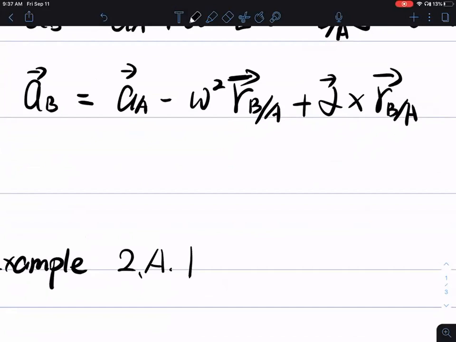In this example, do we know any point where acceleration is given? Since we need to know two accelerations at two different points. In the problem, at which point do we know 3i plus 4j? Point P. So we know one point that has acceleration 3i plus 4j. Do we know the acceleration of another point?